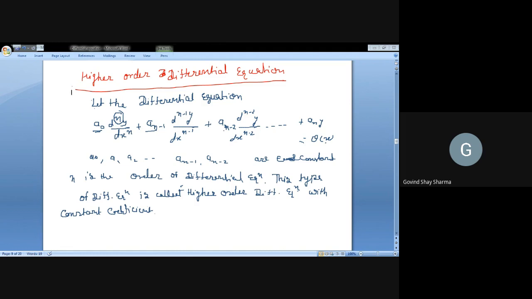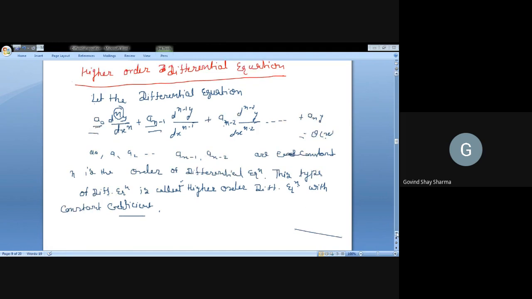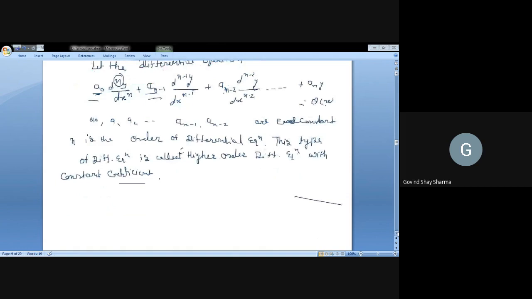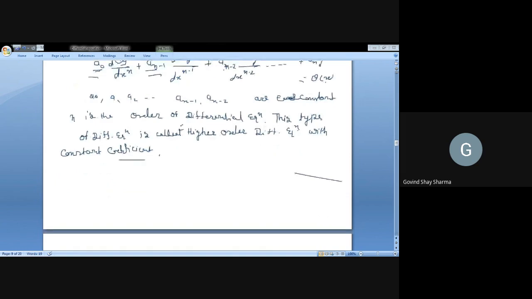Constant coefficient means that a0 up to an are constants, the coefficients of the derivatives. For example, 5 d2y/dx2 plus 3 dy/dx plus y is equal to 0.